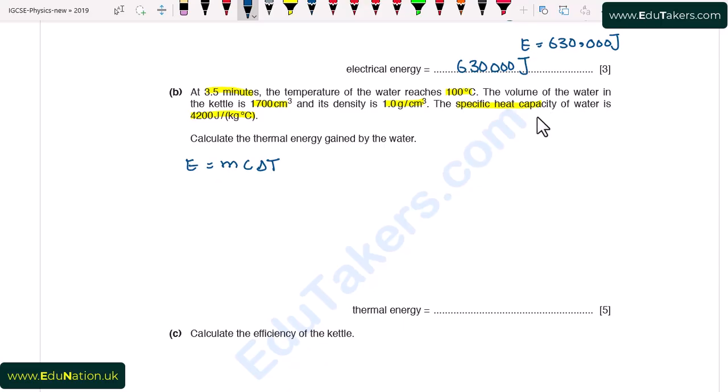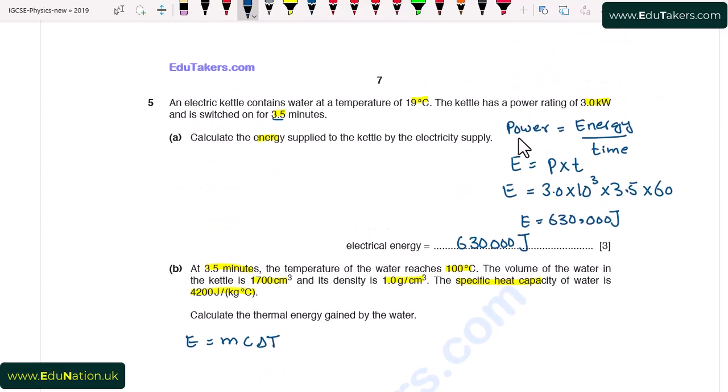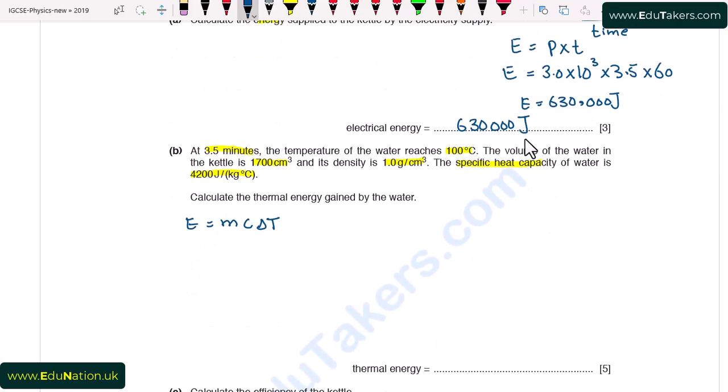So the initial temperature is given in part A and it is 19 degrees C. After that the temperature rises and it becomes 100 degrees C. So the change in temperature delta T will be equal to 100 minus 19 degrees C, and it comes to be 81.